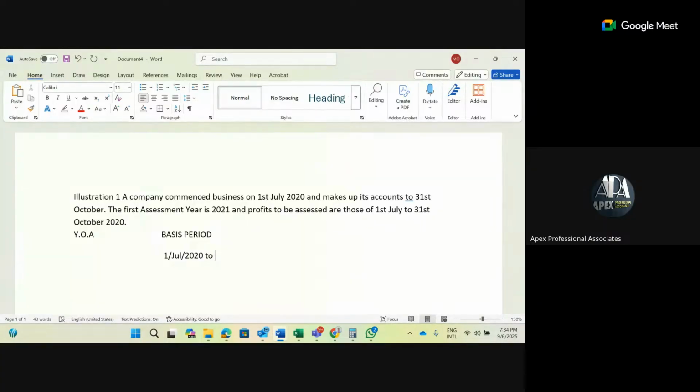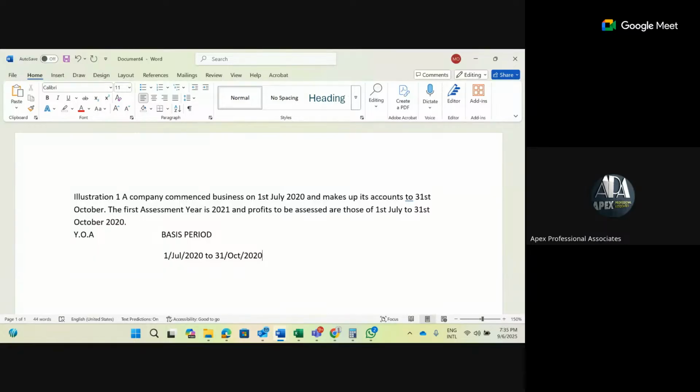The company year end that they want is 31st of October. You cannot jump 31st of October 2020 and go and pick 31st of October another year. You must pick 31st of October 2020 because you must respect the company's stated year end that they gave to you. Immediately you are able to determine this basis period.